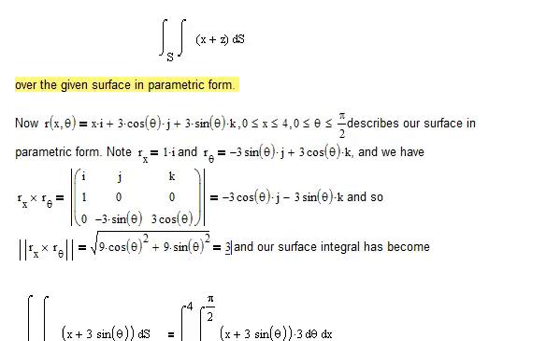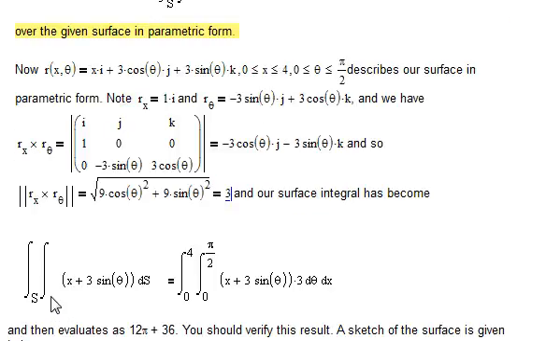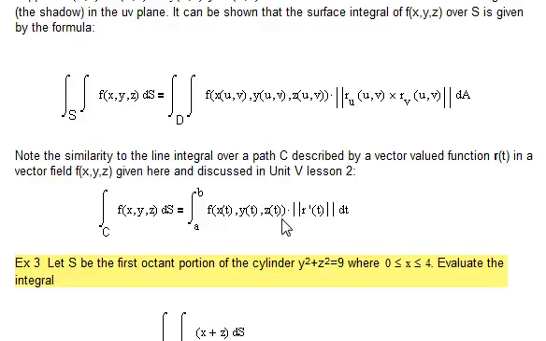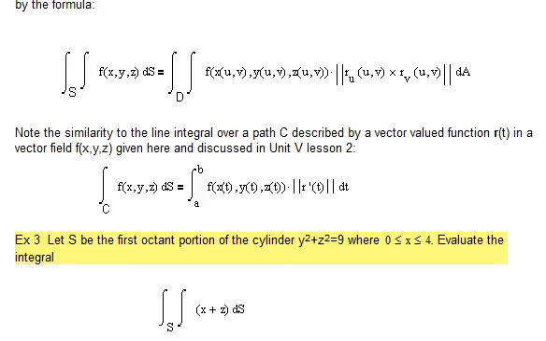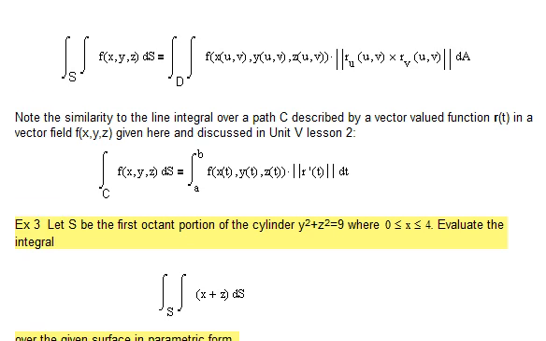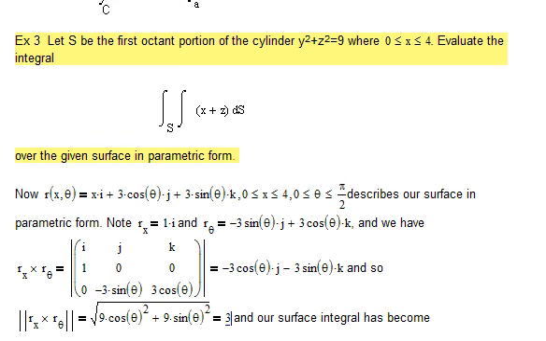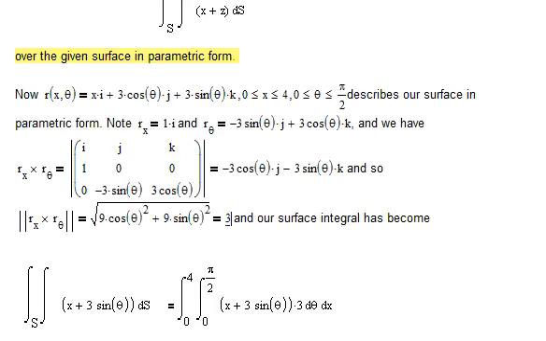And our surface integral has become the integral of x plus 3 sine theta, keeping in mind dS, and the 3 sine theta is what's replacing the z in our integrand.